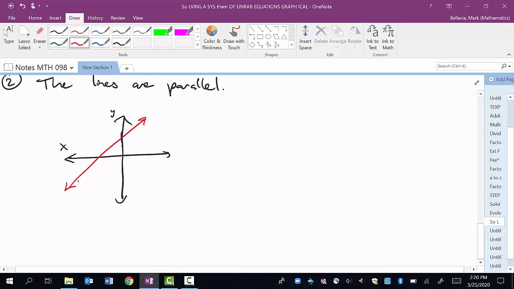There's the first line. There's the second line next to it. They're parallel. Well, remember what I said about the solutions. The solutions to a system are where the lines cross. If these lines are parallel, you got to make sure you realize they never cross, they never intersect.